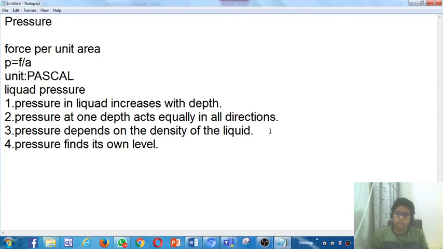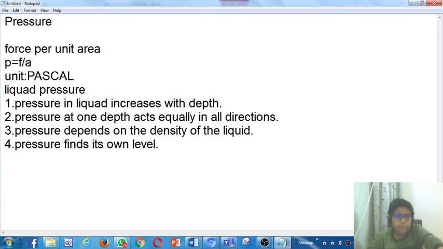Now we'll do some questions here. First, a force of 50 newtons acts on an area of 2 meters square. Find the pressure. How will we find it?